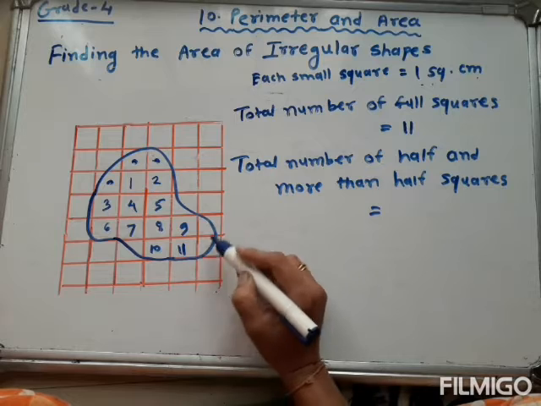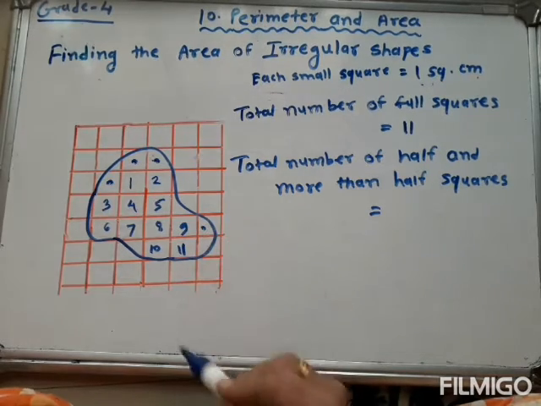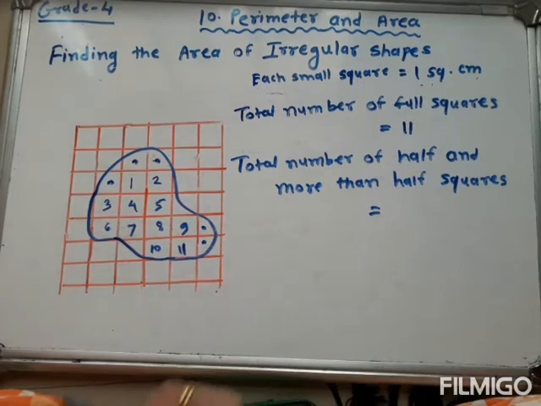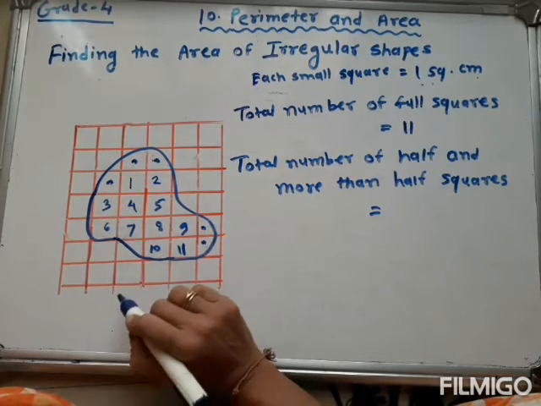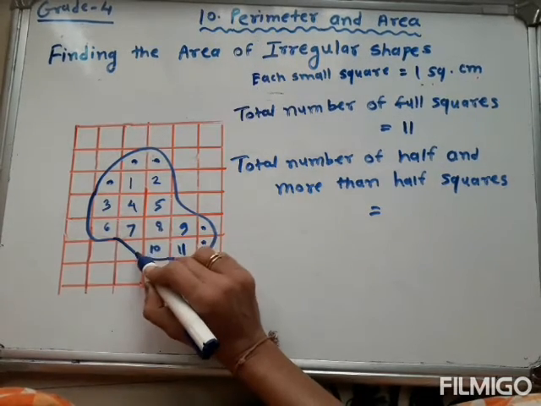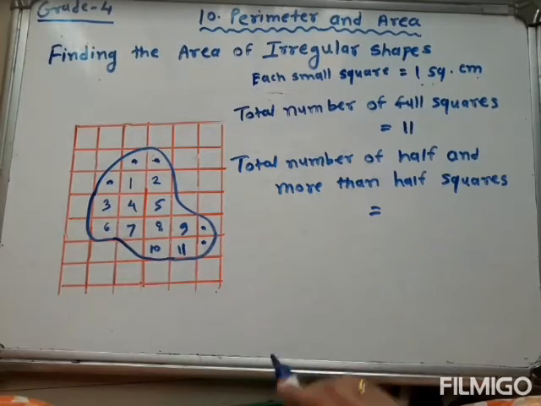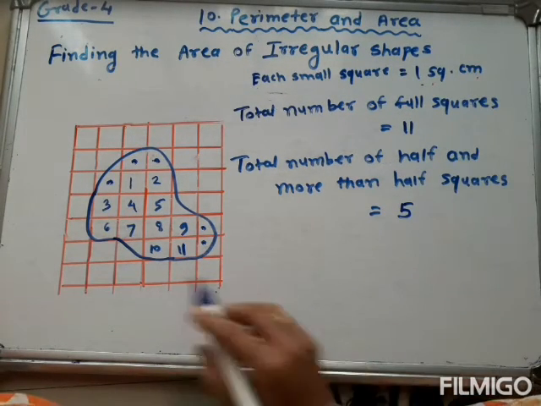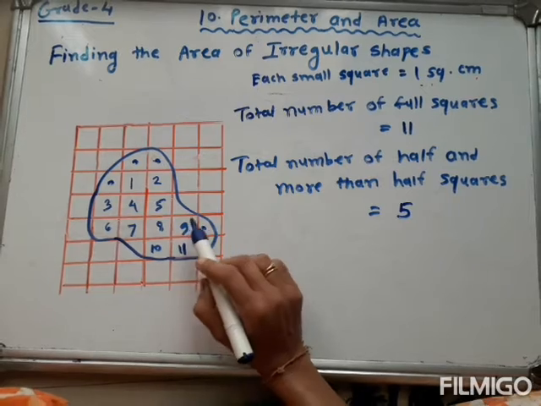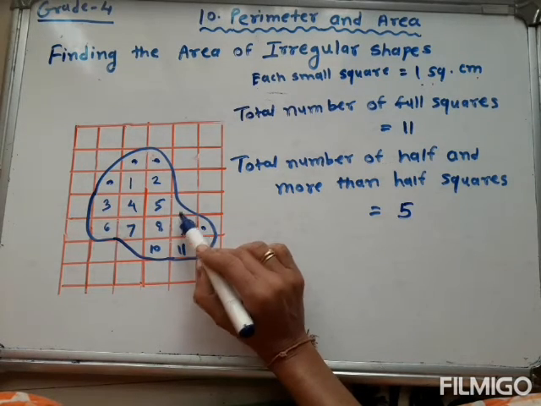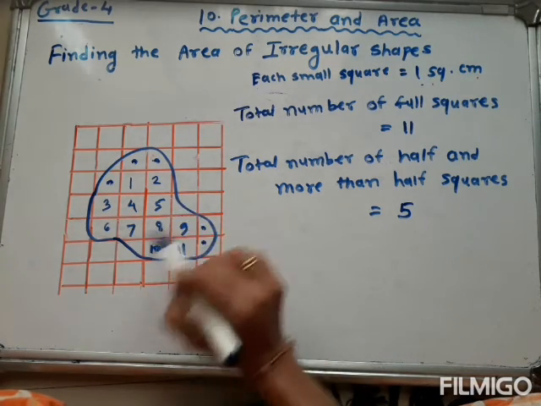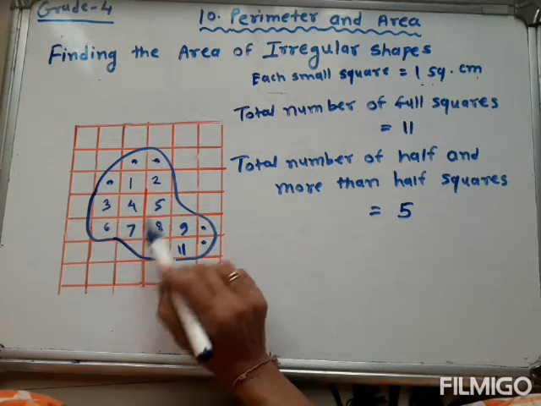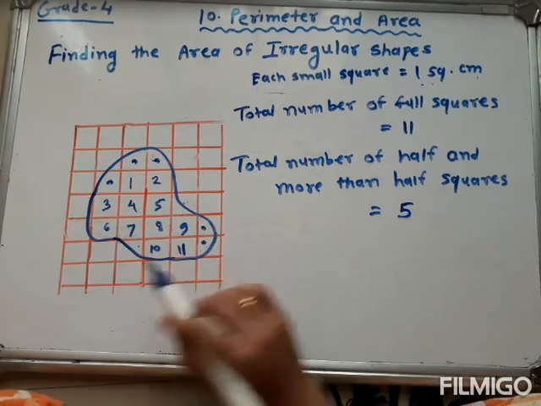This is half, 4. This is again 5. We get only 5 half and more than half squares. And the less than half squares we ignore. See, this square is less than half, and again this square is less than half covered. So we ignore these 2 squares.